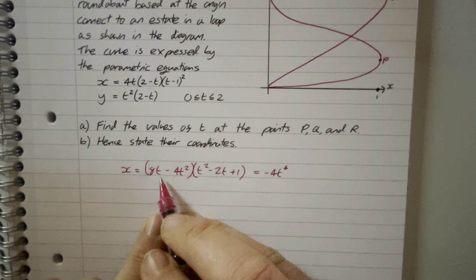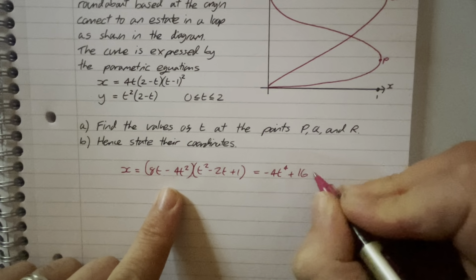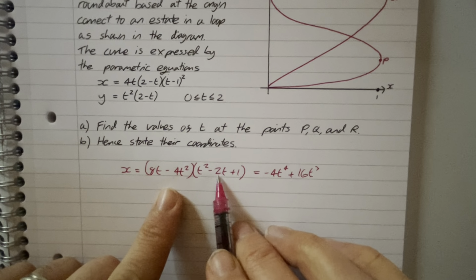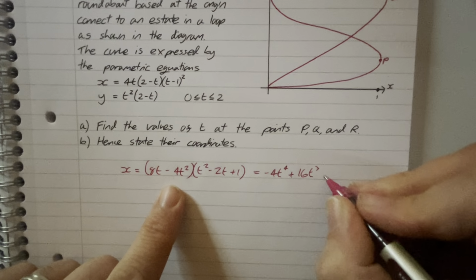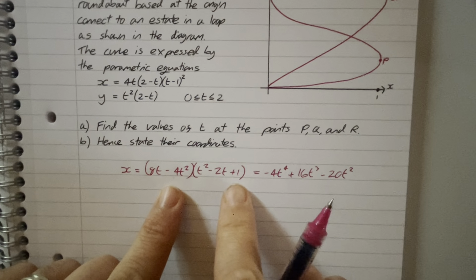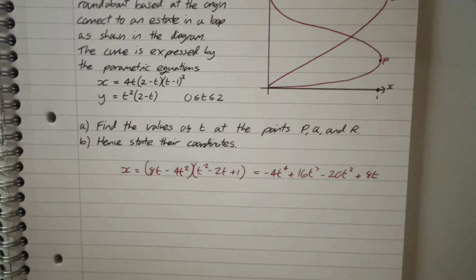And then I've got an 8t cubed plus an 8t cubed, which is 16t cubed. The t squared term, I'm going to have minus 16t squared minus 4t squared, so that's minus 20t squared. The linear term is just 8t, and there's no constant. I've done that because I want to use calculus on this to find P and Q.